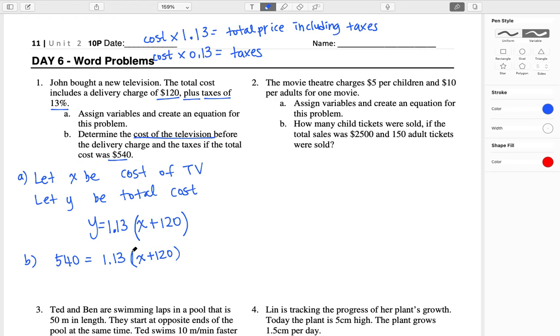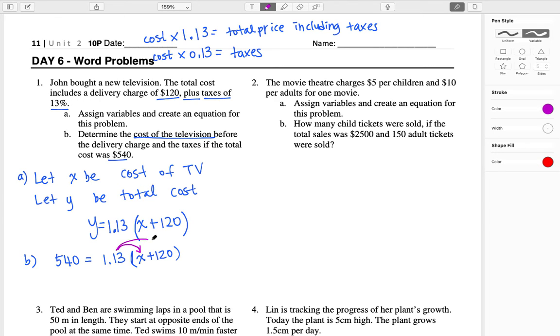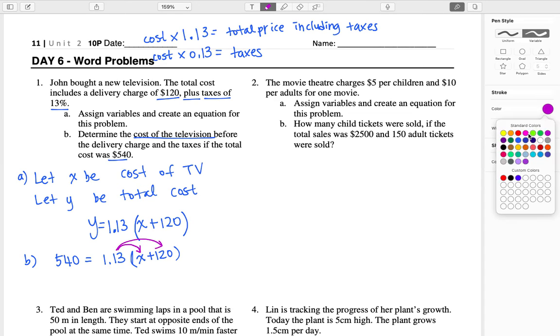Because we have a bracket, I would recommend that you divide both sides by 1.13, okay? Or you could do a distributive property. So let's say you decide to do distributive property, if you like. So you can distribute.